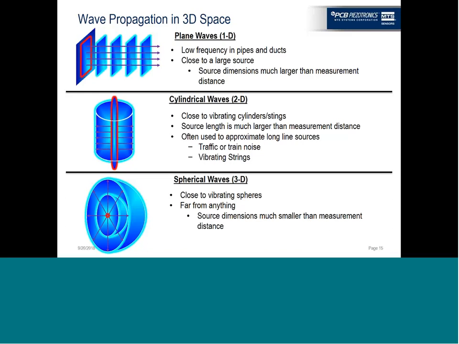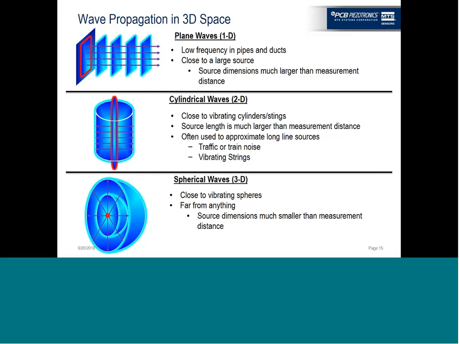Other things that are modeled as cylindrical waves are roadways. So if you have a very long bridge and you have cars traveling on a roadway, that can be modeled as a cylindrical wave, because as the noise comes off of the bridge, that will radiate out in a cylindrical fashion. So traffic or train noise, also vibrating strings. And again, you could model this in your wave equation with cylindrical coordinates rather than using Cartesian.